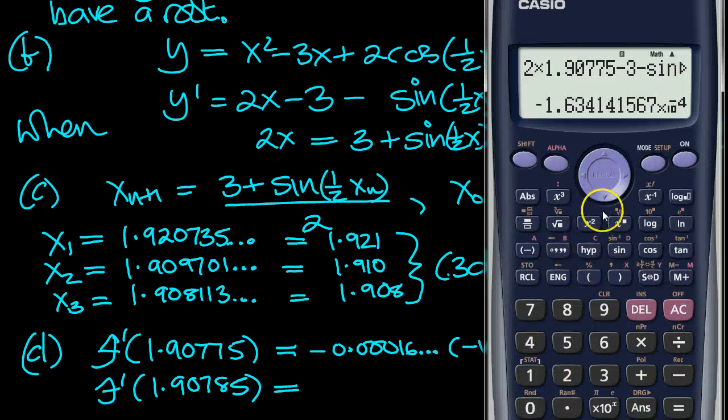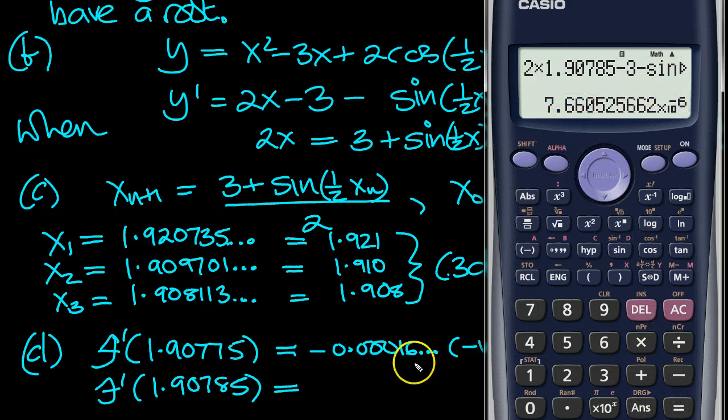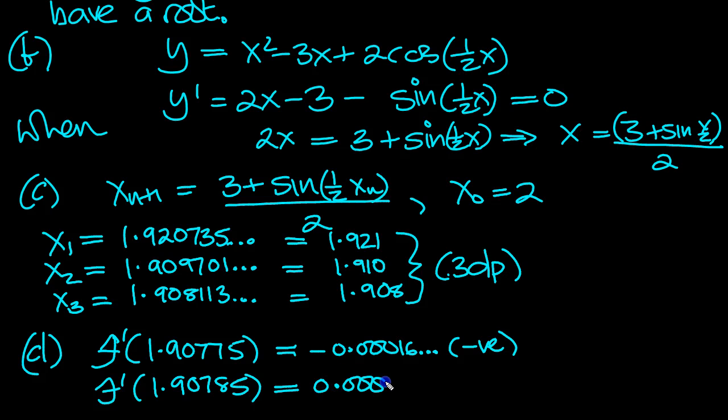And now we put in 1.90785. See what we get now. Change that 7 there to an 8. Press equals, and we get 7.6 times 10 to the minus 6, so it's 0.0000076, which is positive.